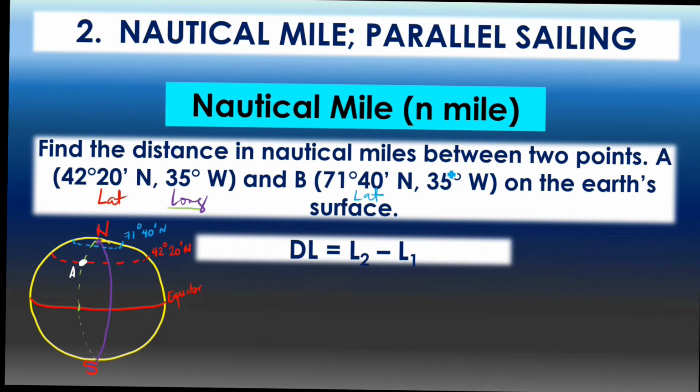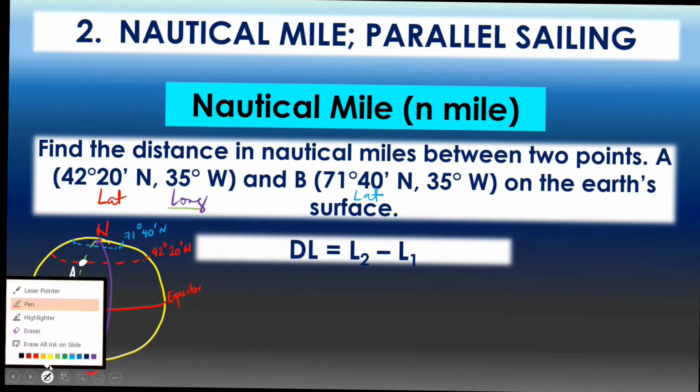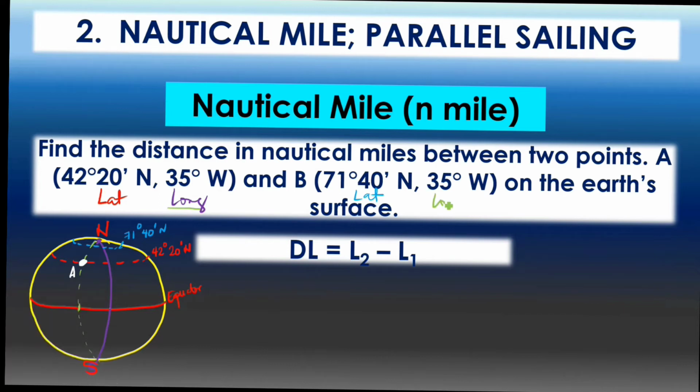And then the longitude. So if you try to locate it, the longitude is 35 degrees from the primary region towards the west. So again, if our primary region is this purple, okay, so we have here the primary region.